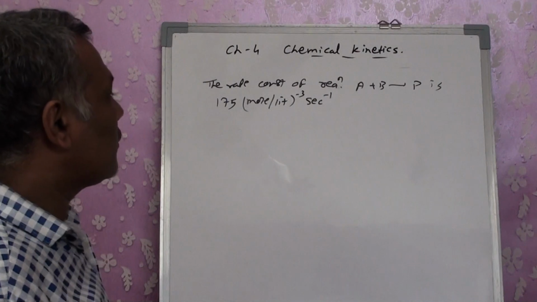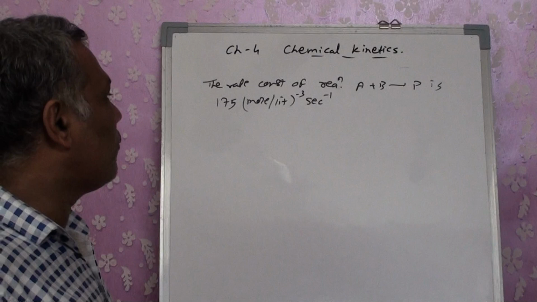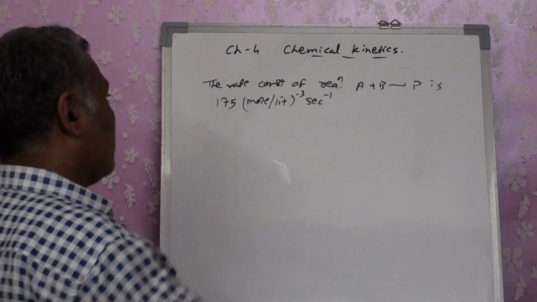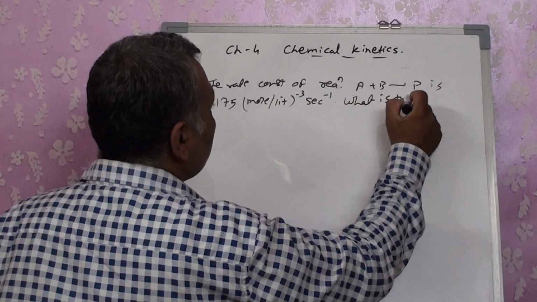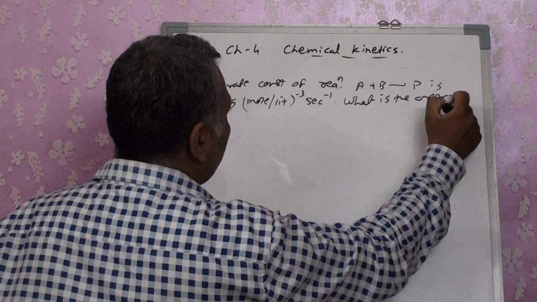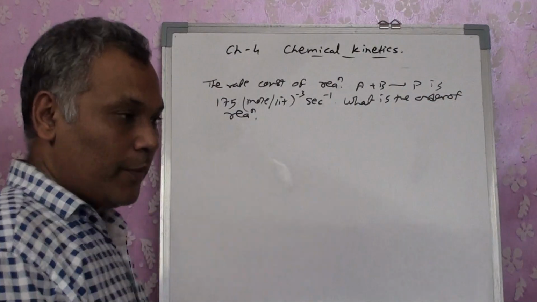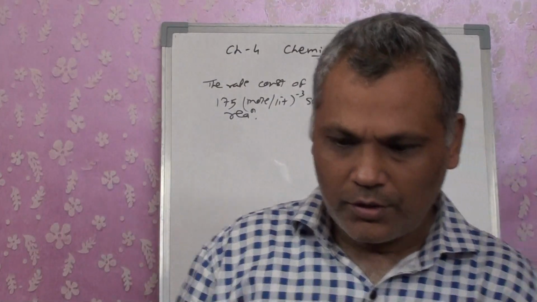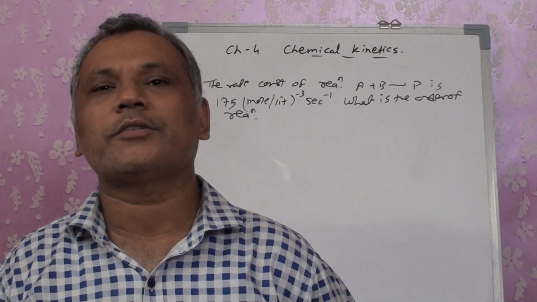What is the order of reaction? Now see, when this type of question is asked, immediately the students start shouting, sir, you told us that a question won't be there for order of reaction.